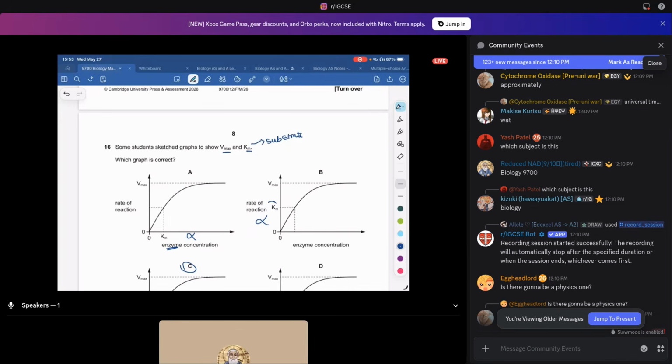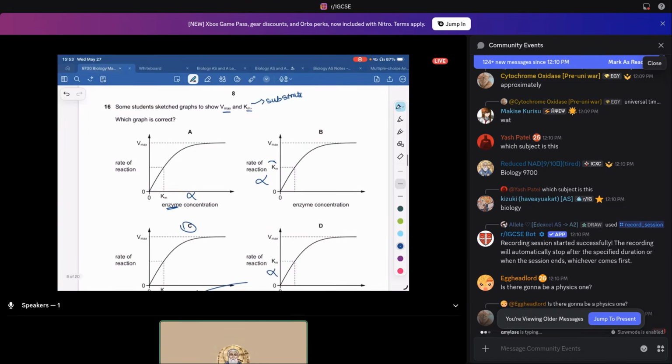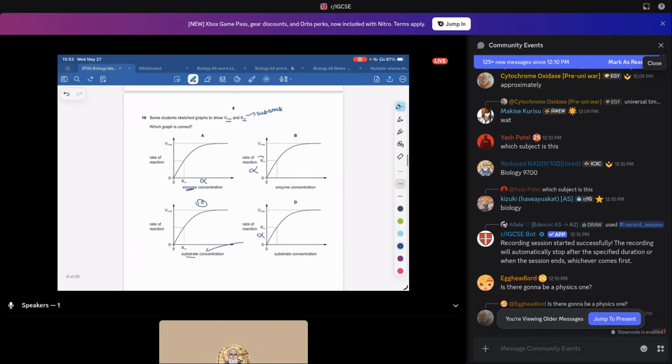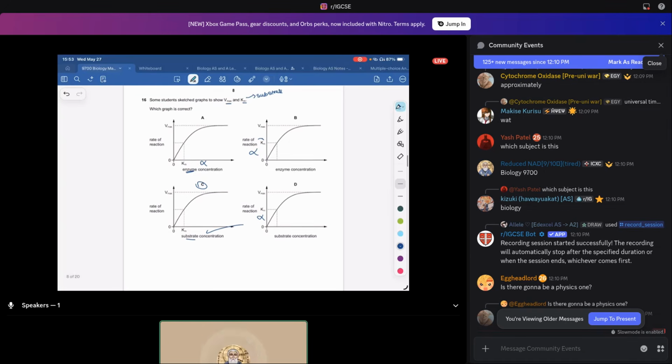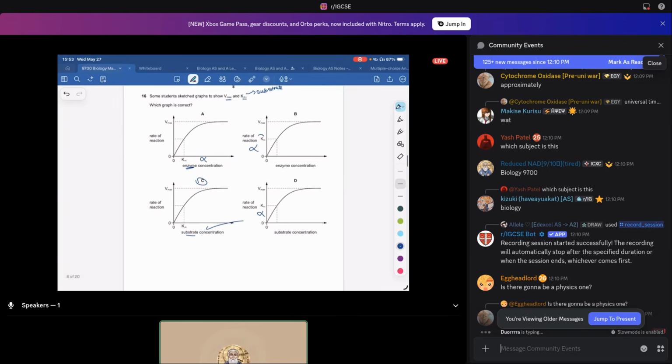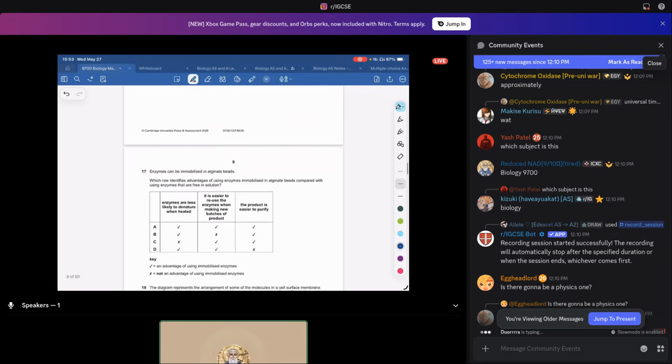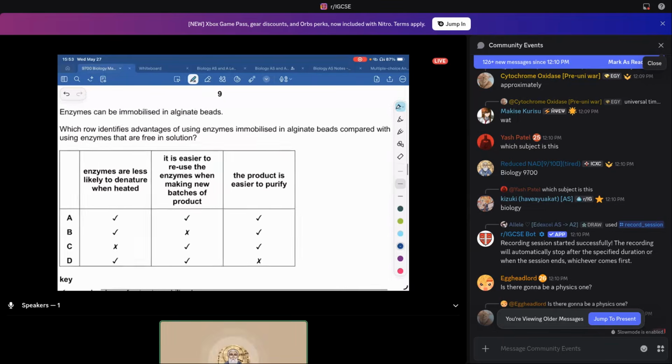The Michaelis-Menten constant is the substrate concentration at which the enzyme is at half of its maximum activity. And obviously Vmax is rate of reaction, but that's constant throughout. So it is literally the definition of Km that helped me know this question. I barely even looked at the options.